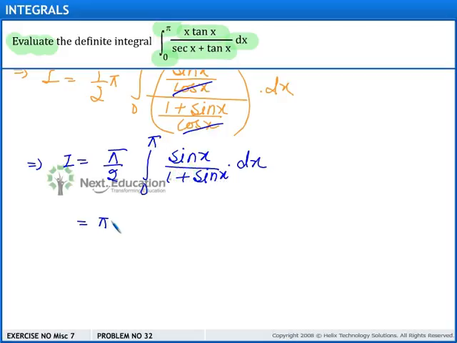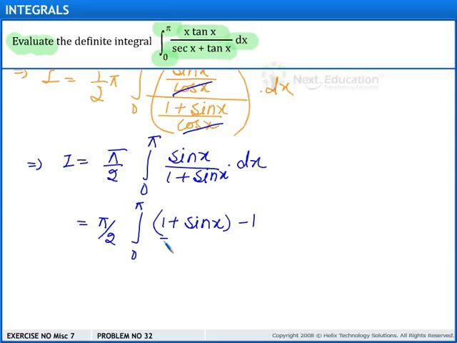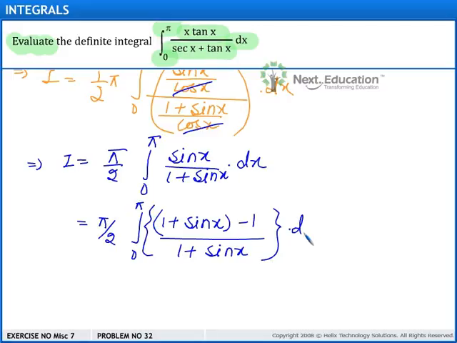So this is further equal to pi upon 2 times the integral from 0 to pi, in the numerator adding and subtracting 1, divided by 1 plus sin x into dx.